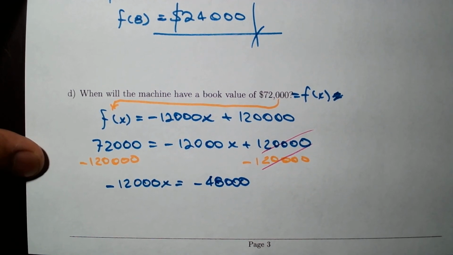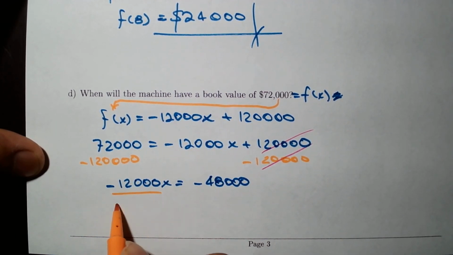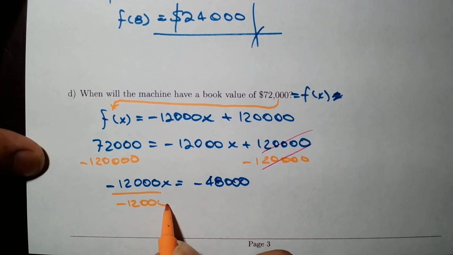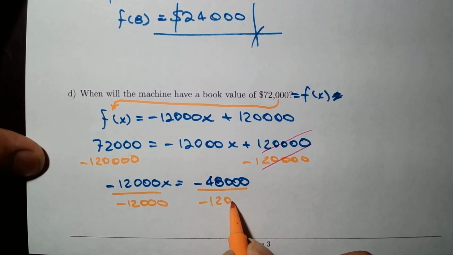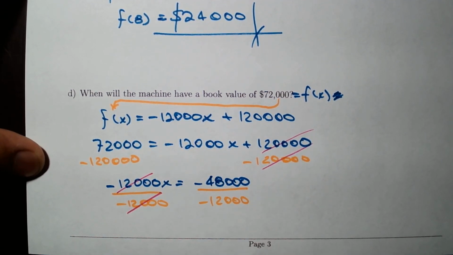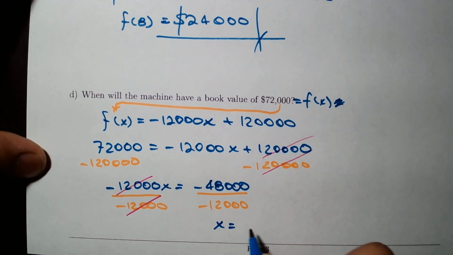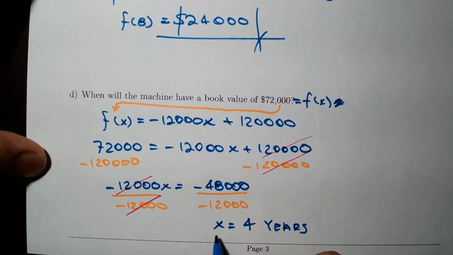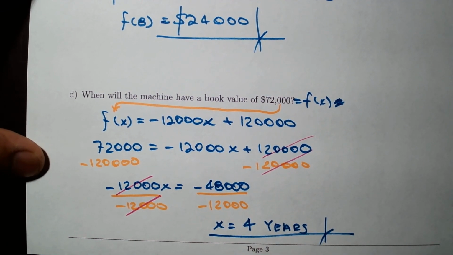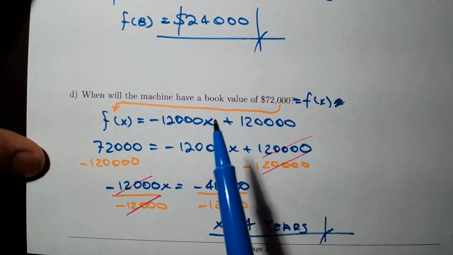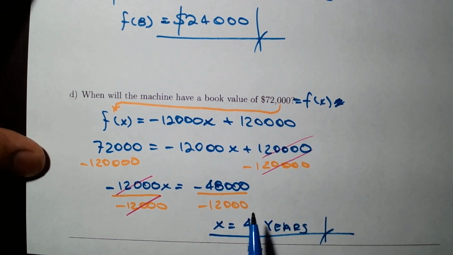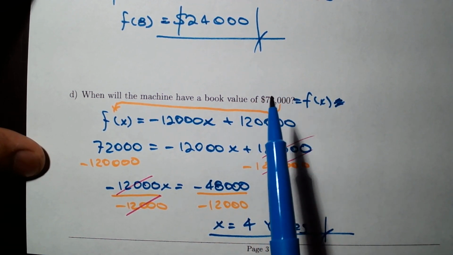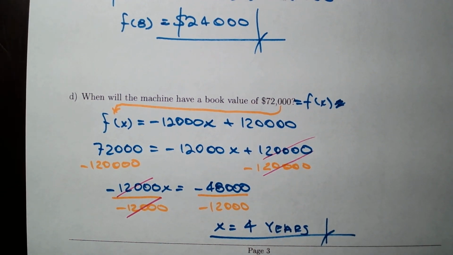And then when we divide both sides by negative 12,000, I get x equals 4 years. So after 4 years, a machine that had a value of $120,000 is going to be valued at $72,000.